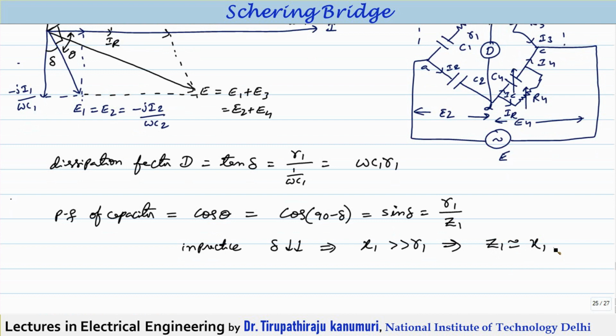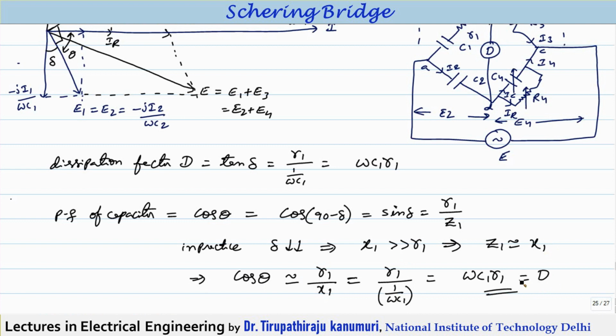Getting it? So if you substitute this, from this we can calculate the value of cos theta. Cos theta is approximately equal to R1 divided by X1. That means this is equal to R1 divided by, what is X1, 1 by omega C1. So this will be equal to omega C1 into R1, which is nothing but the dissipation factor. So in practice, the power factor is nothing but equal to the dissipation factor.